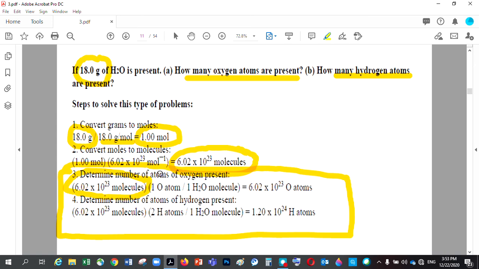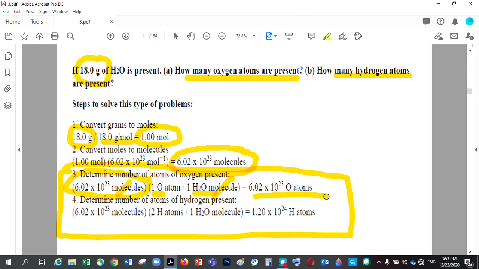These are the number of molecules, correct? And then I ask myself, how many oxygen atoms do I have in this molecule? It turns out I have 1 oxygen atom in 1 molecule of H2O. So the molecule cancels out with the molecule. I get 6.02 times 10 to the 23, Avogadro's number, multiplied by 1.